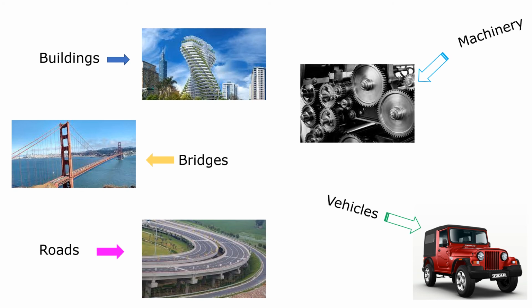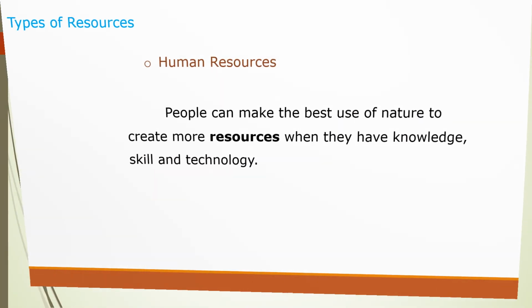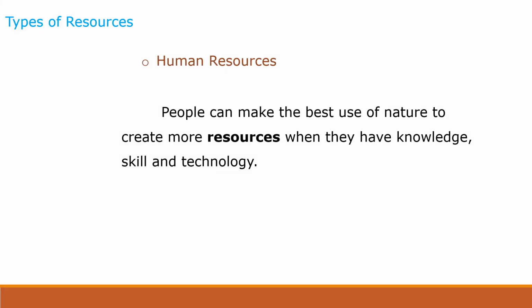Then we'll discuss about the other resource, that is human resource. So what is a human resource? People are the best resource because it is his knowledge, skill, and technology creates more resources.